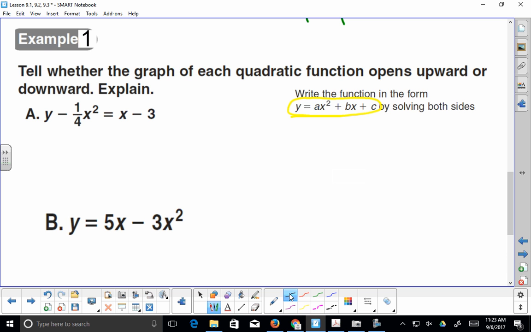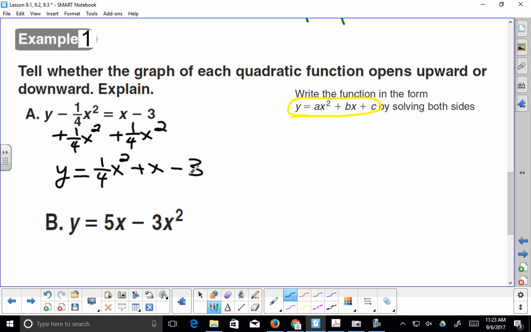Okay? So letter A here, it's not just y equals. All right? It's y minus 1/4 x squared. So we have to add 1/4 x squared to both sides first. So y equals 1/4 x squared plus x minus 3.